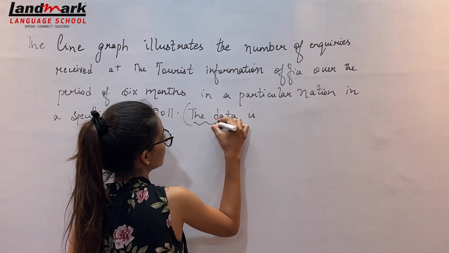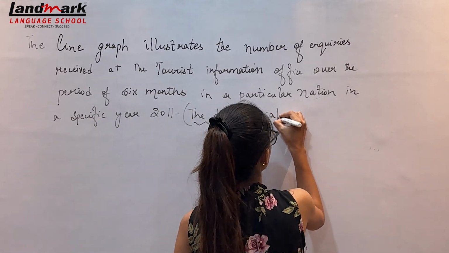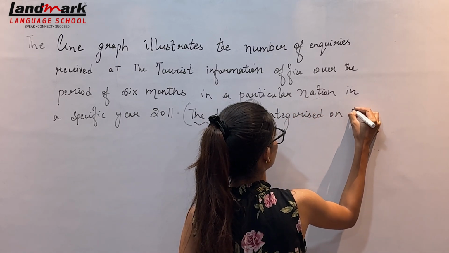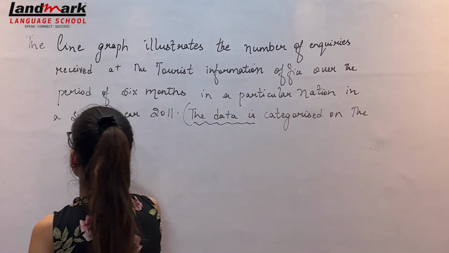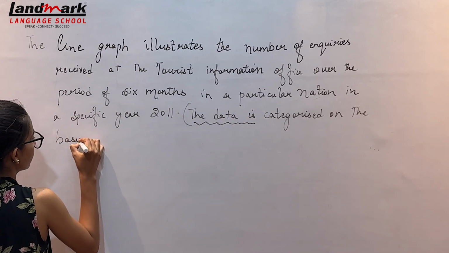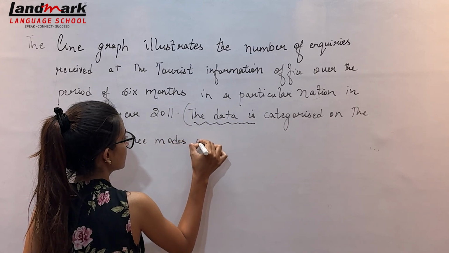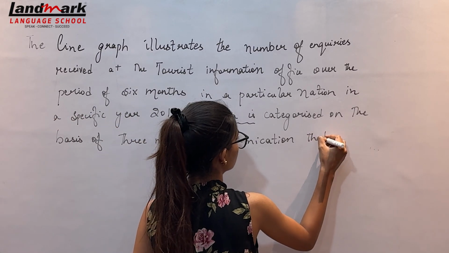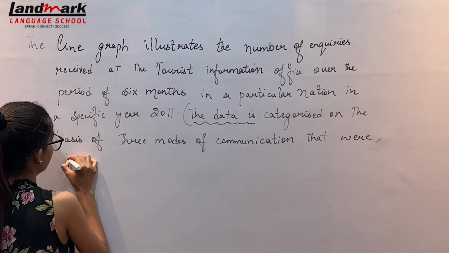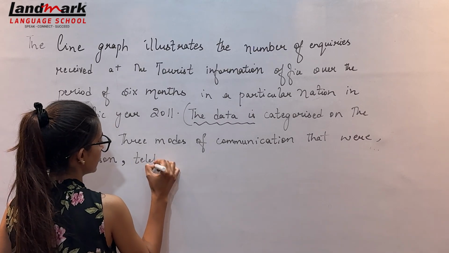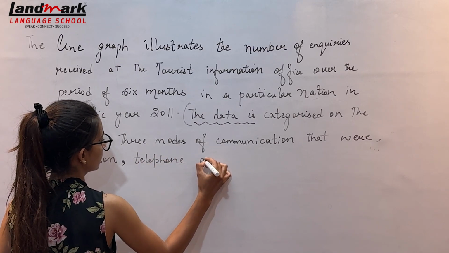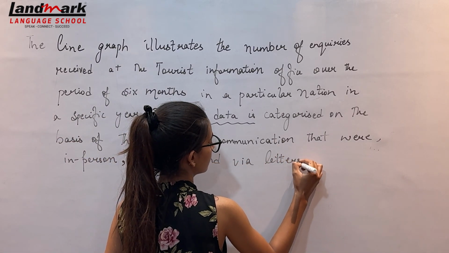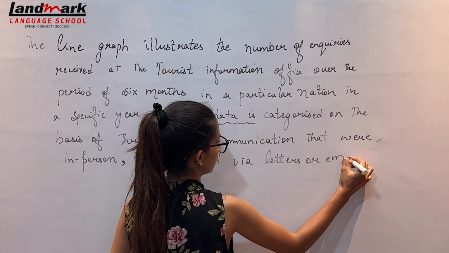So now we have to write the data is categorized. This line is very nice, so you can add the data is categorized on the basis of 3 modes of communication that were in-person, telephone, and via letters or email.